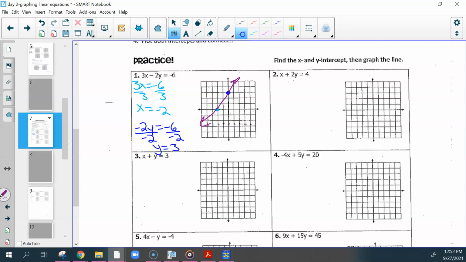Could I go back and now find my slope because I can find the slope by counting from any 2 points? Sure. Do I need to do that for this? So this is strictly finding the X and Y intercepts and graphing them from that. Not converting it and finding the slope and Y intercept. You can do one or the other. I would not do both.